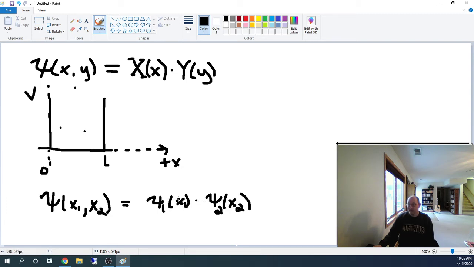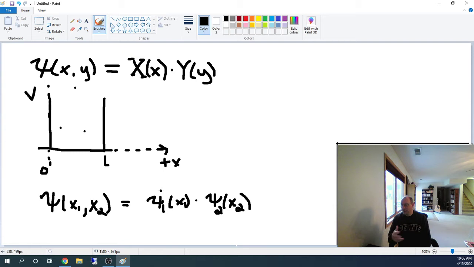Now you'll notice that the only thing that's different here is that I've called these x1 and x2. This is x and y. This is capital X, whereas this one I call psi 1. This is capital Y, which I call psi 2. So, formally speaking, the mathematics of more than one quantum mechanical particle living in the same potential is the same as two dimensions.